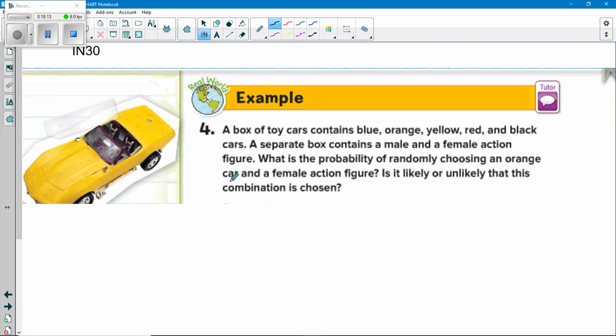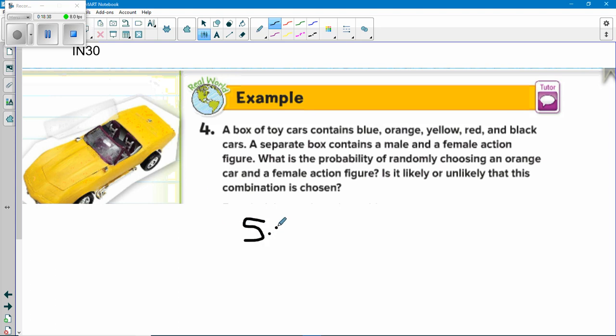Okay, here we go. You got a box of toy cars. It contains blue, orange, yellow, red, and black cars. A separate box contains a male and female action figure. Notice we didn't say doll. What's the probability of randomly choosing an orange car and a female action figure? Is it likely or unlikely that this combination is chosen? Well, how many colors of car? 1, 2, 3, 4, 5.